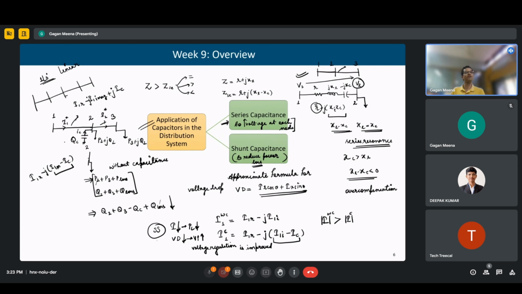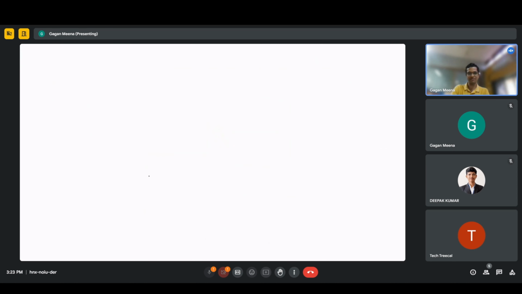So here also, one difference is that adding a shunt capacitance is a local phenomenon. Suppose we are adding a capacitor here at bus 2. Let me move to the next page. So if we have 4 buses, let's say, and we are adding a capacitor here.